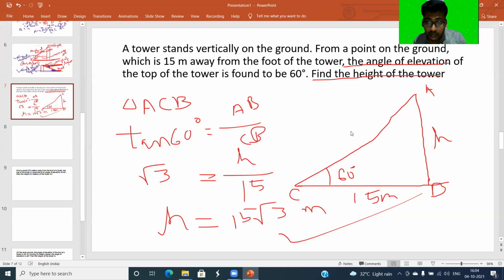Then we take tan 60 degree. Why we take tan 60 degree? Why not sin 60 degree? Because in this question, the ground is given. Okay, 15 meter ground means base is given. In this triangle, base is given here, and we have to find height.